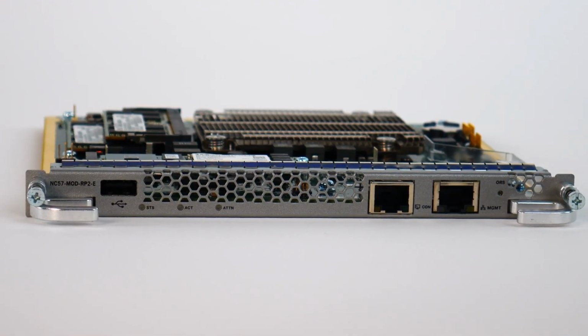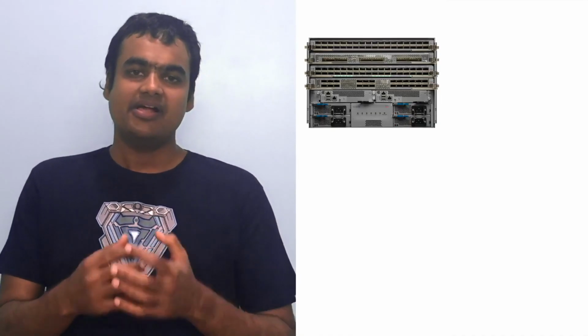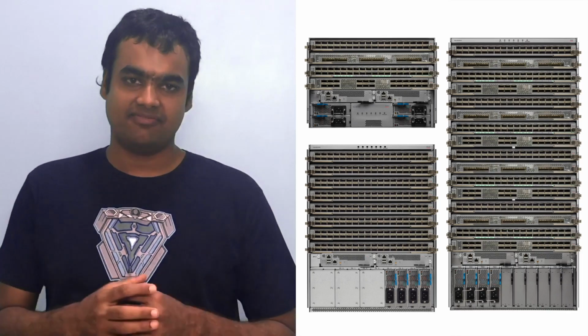Next, moving on, let's talk about the redundancy available on this platform. The dual route processor operation with the control plane redundancy will be very similar to what we had in the NCS5500 modular chassis, such as the NCS5504, NCS5508 and the NCS5516.